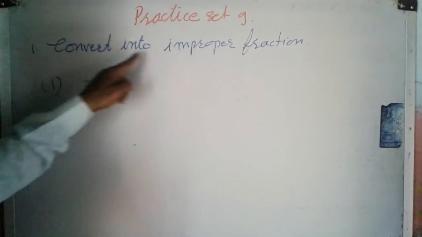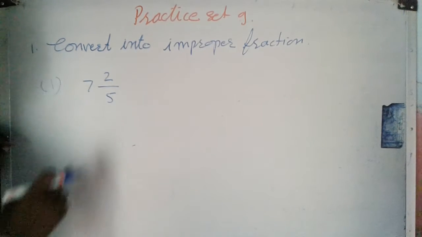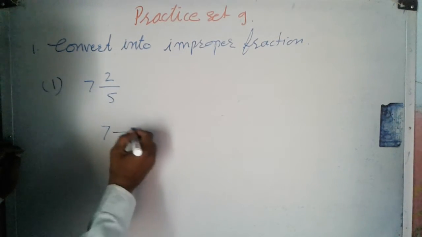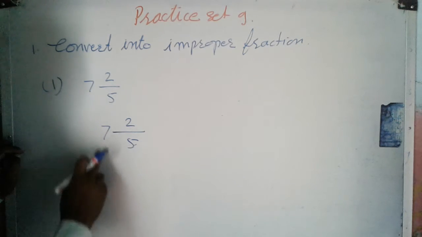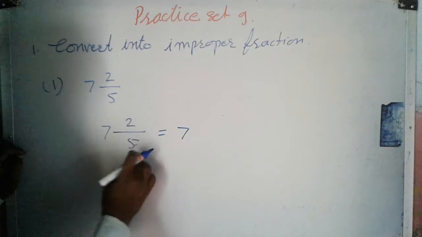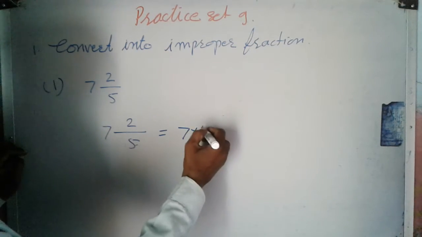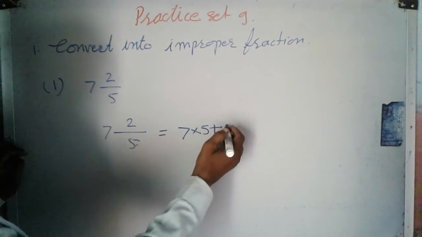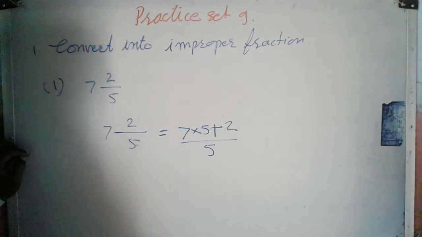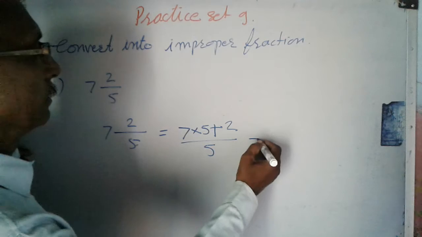Now question number 1, convert into improper fraction. A mixed number is given. So here, quotient multiplied by divisor plus remainder, upon the divisor as it is.